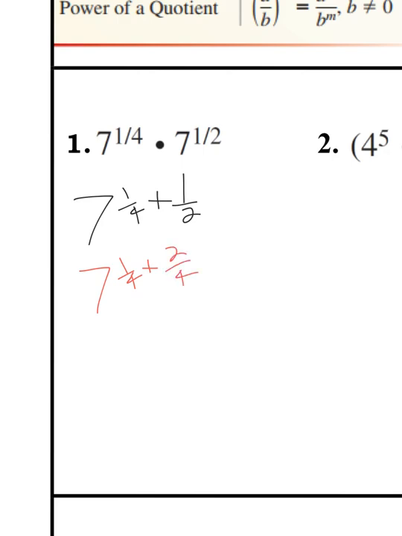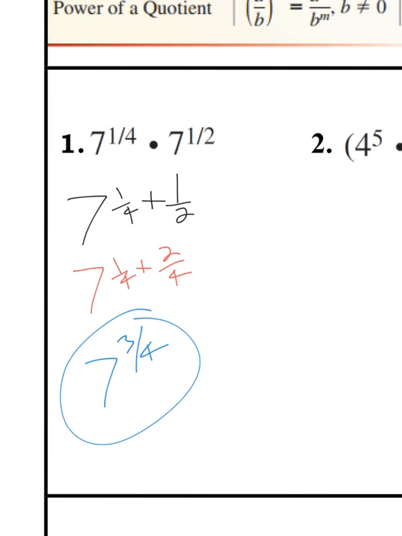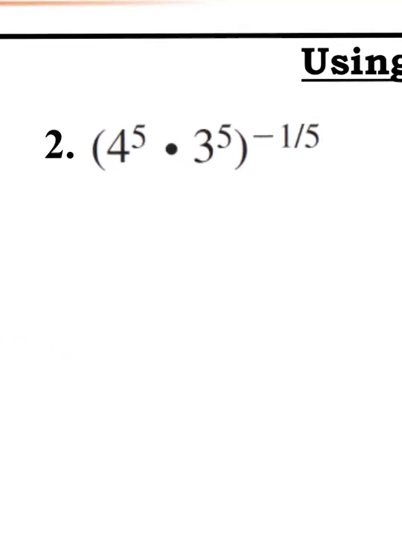And so I know 1/4 plus 2/4 is 3/4. So 7 to the 3/4 power is my final answer. All right, that's all you have to do. I'm not looking for typing it into the calculator and getting that answer.